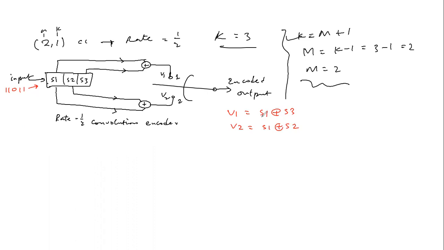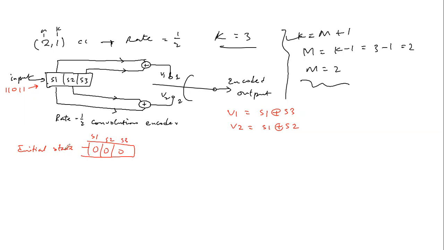So know that S1 will hold the input, while S2 will shift the input by 1 bit space, and S3 will shift the input by 2-bit space. So if we assume an initial state, let's say the initial state of the shift registers looks something like this: 0, 0, 0 for S1, S2, S3.